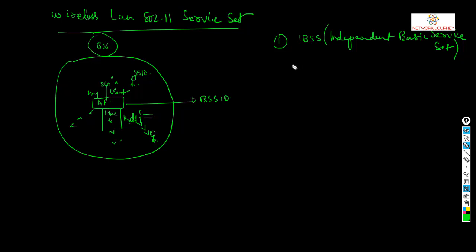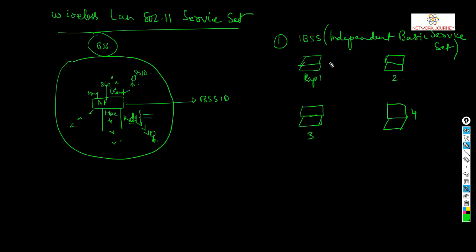Why do you think we connect three different users? Let's say laptop number 1, laptop number 2, 3, and 4. So why do we use such a setup where two or more wireless devices are connected directly without any access point?